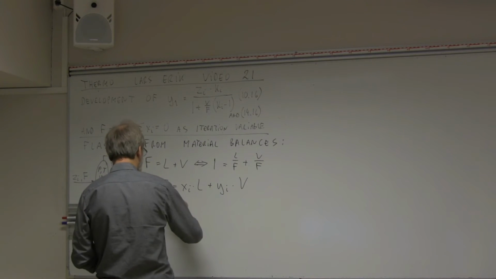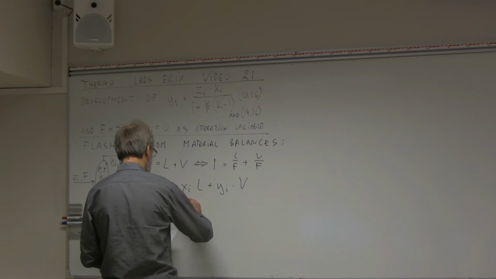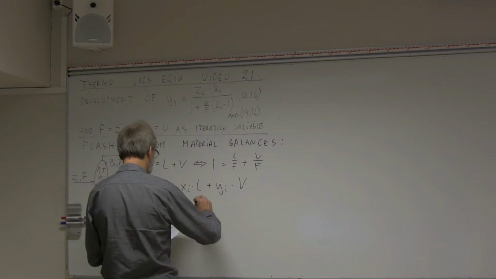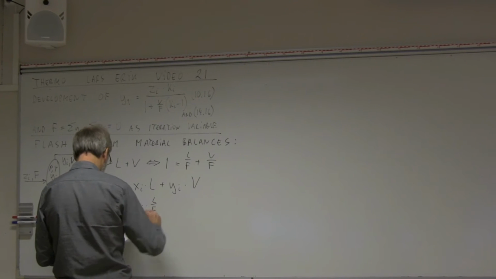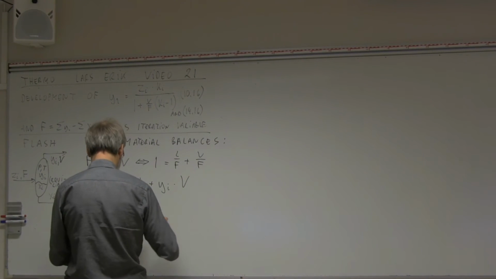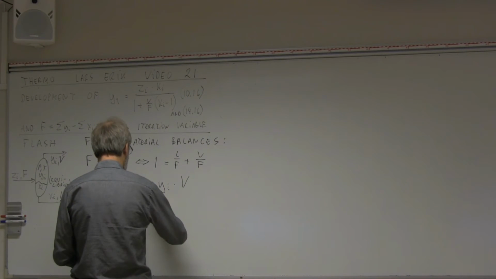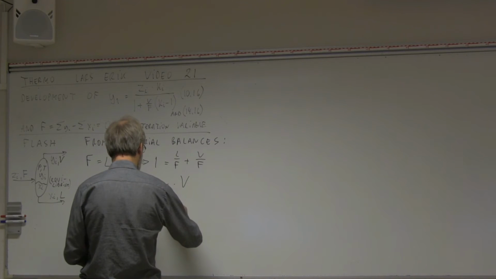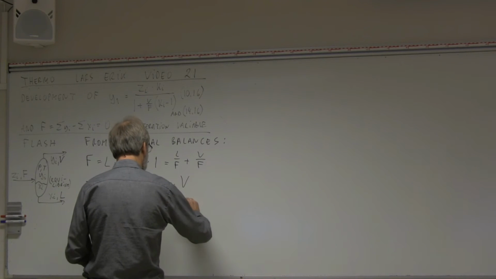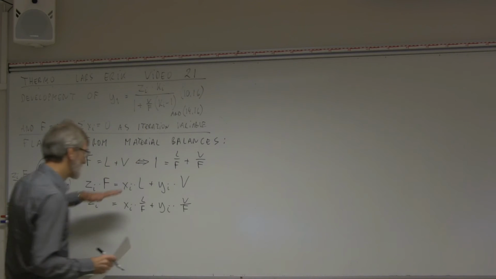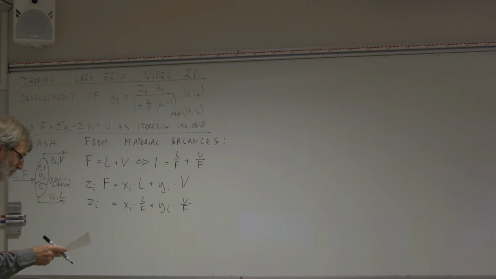Then z_i equals x_i times L over F plus y_i times V over F. I just divide it by F.